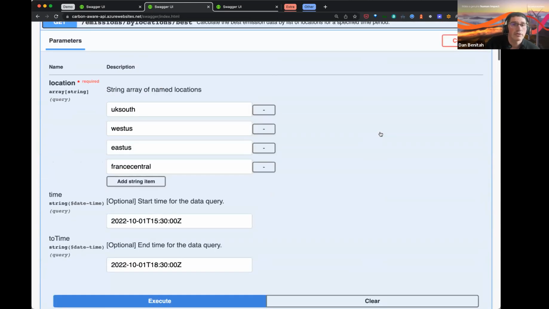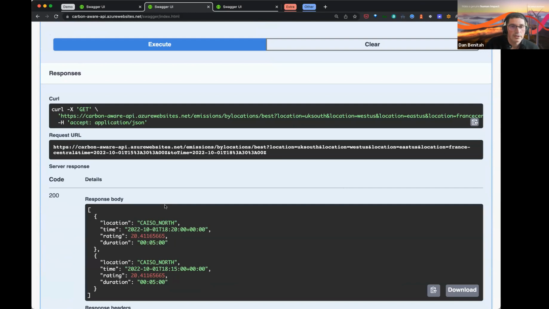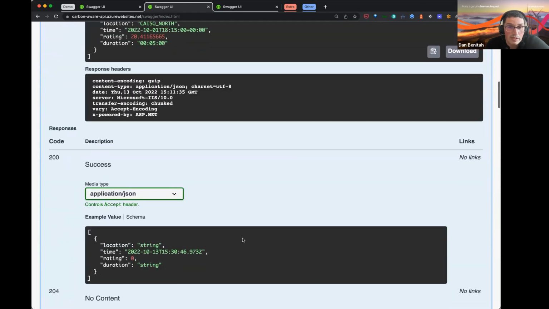In here, we've tried to do this for a few locations, quite varied actually. Funnily enough, usually France is rated good, but in this case, California comes back with 20 grams per kilowatt hour, which to me seems extremely low. So that's interesting.